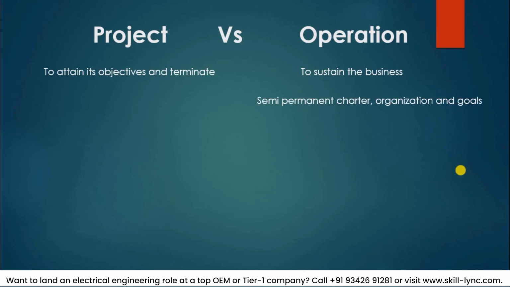Next, an operation requires a semi-permanent charter, organization and goals. The detailing of the charter we will look at slowly in the upcoming slides. But to put it simply, those are some terms and regulations that are understood and agreed upon by the stakeholders with defined targets and responsibilities, and this also has to be put in place for an operation, but they are semi-permanent because they tend to get modified based on the operational needs.